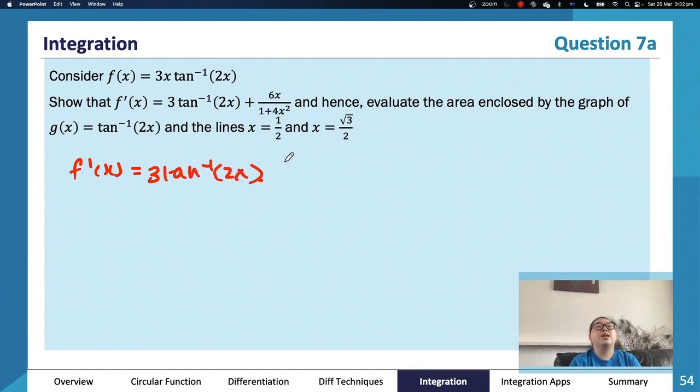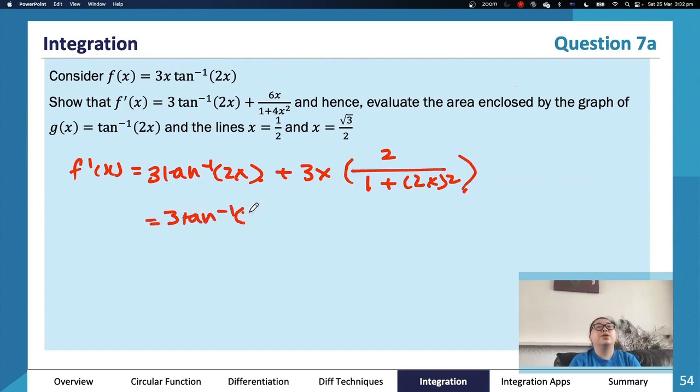And then diff the second, keep the first, so that's going to be 3x, and then we differentiate the top, so that will be 2, and then it will be over 1 plus 4x squared. So when we simplify that out, we'll get 3 tan inverse 2x plus 6x over 1 plus 4x squared, as we need.